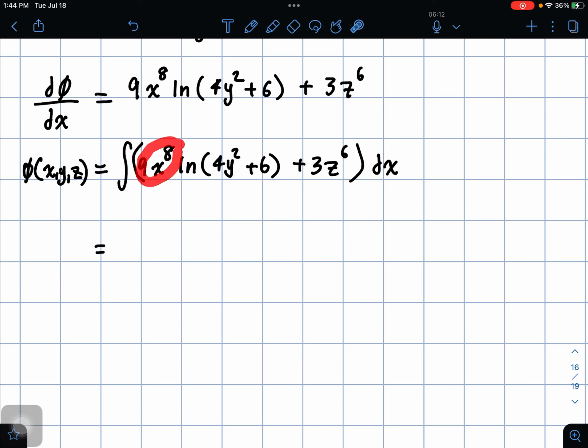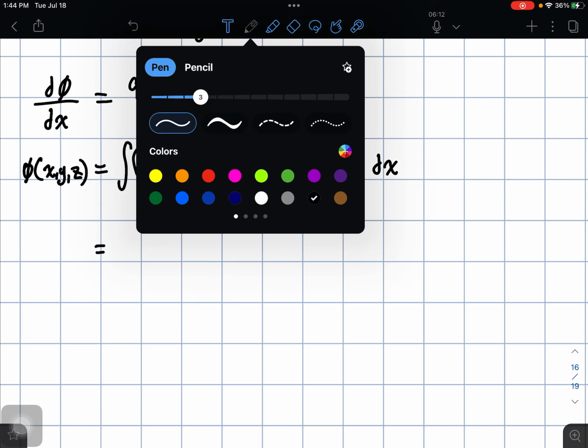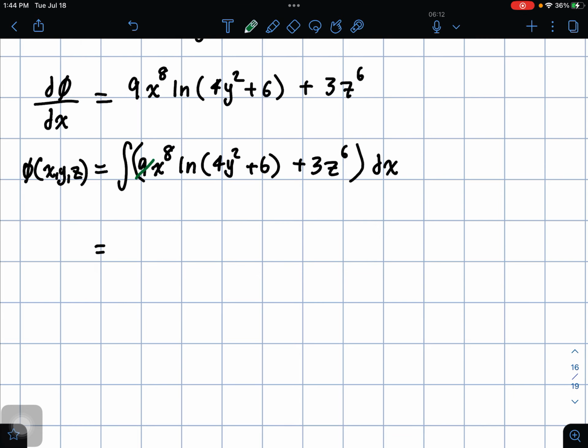So if you integrate this, we get x, you add 1, so that's 8 plus 1, which is 9, and you divide by 9, so this thing actually cancels out, right? So we get x to the 9. Again, this is constant, so we just leave it like that. Plus 6. And then here we just have a constant, so we just add an x.